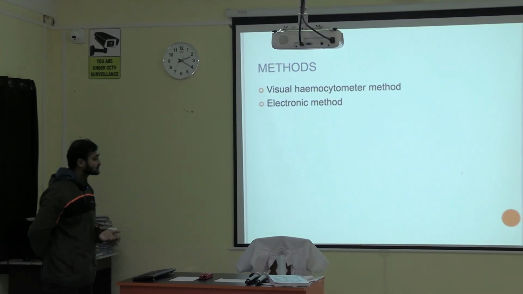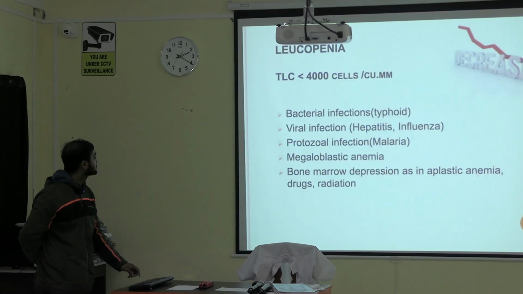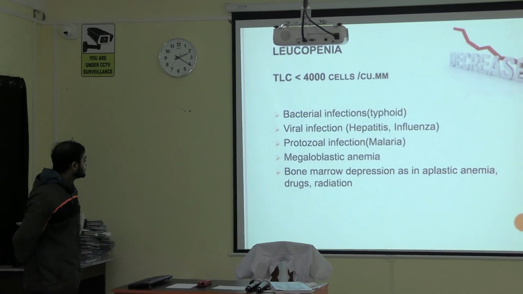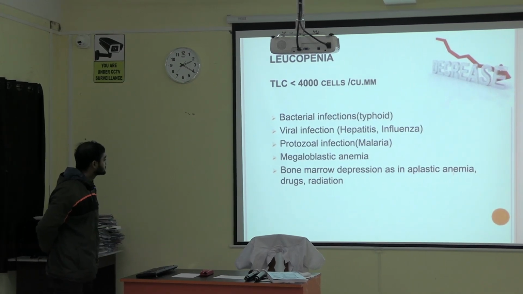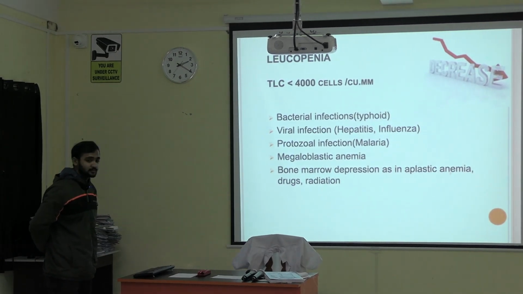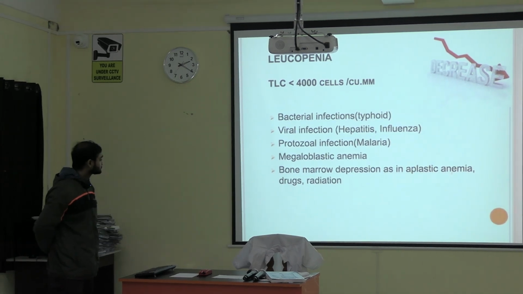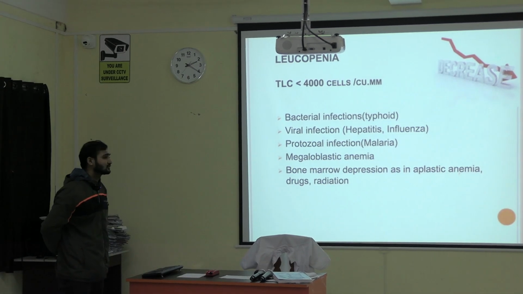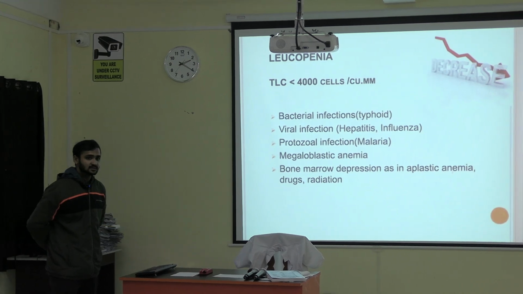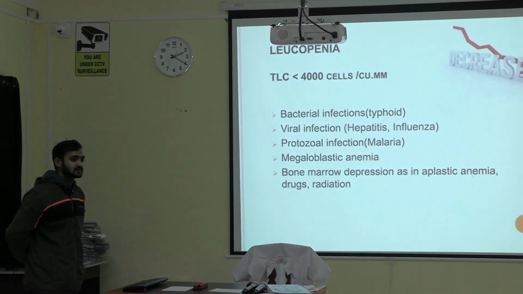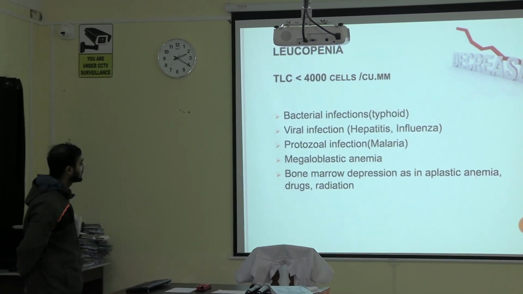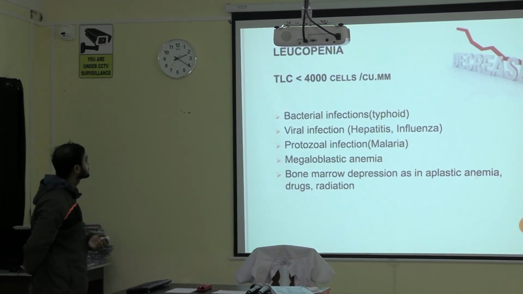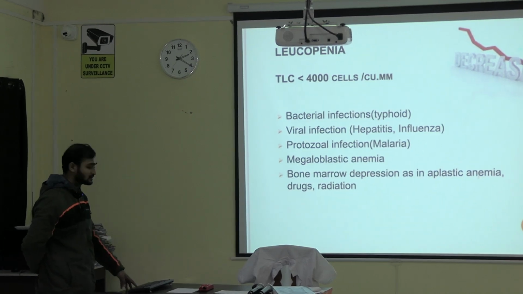There are also drugs that can cause bone marrow suppression. So we have to know the drugs also, like methotrexate, such kinds of drugs, the cancer drugs. Those drugs also suppress the bone marrow, and this will cause formation of decreased WBCs.